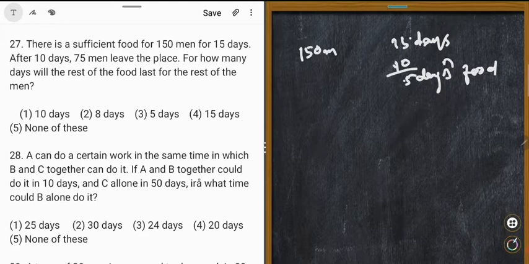How many men? 150. After 10 days, 75 men left the place. The remaining men were just 75.